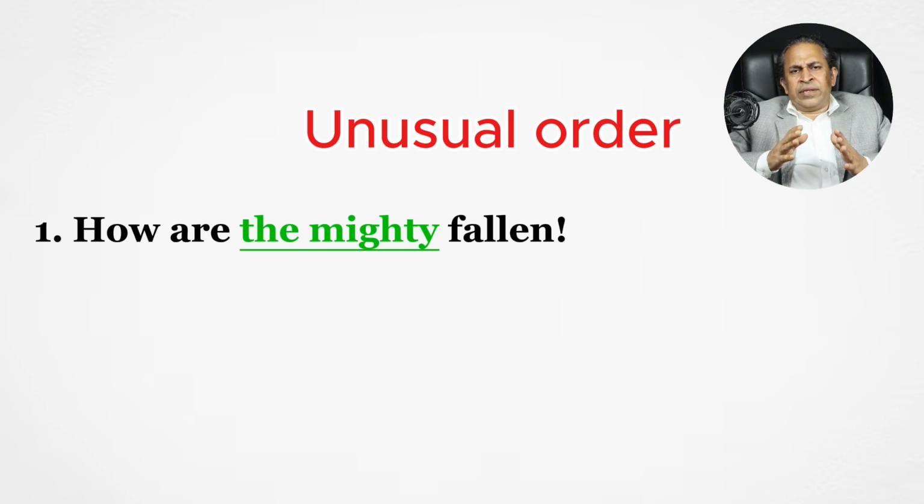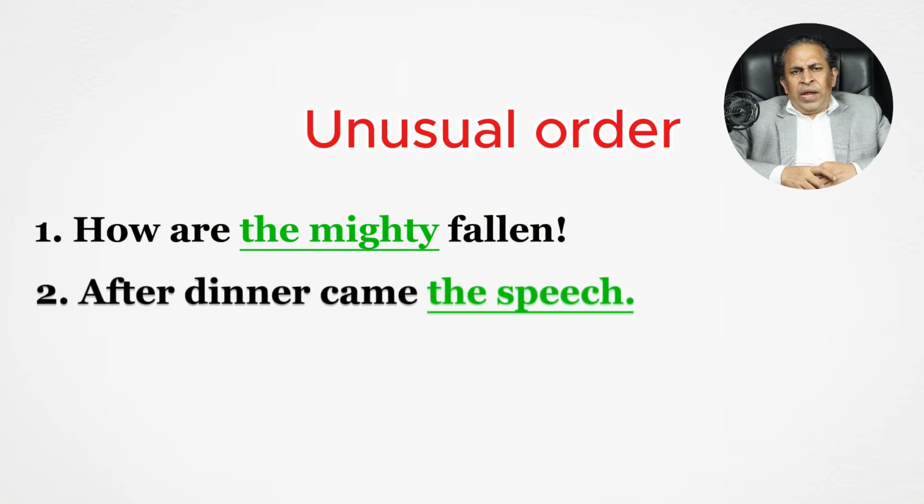The mighty, that is the subject. It has come in the middle of the sentence, right? Now, in the second sentence, after dinner came the speech. Where is the subject? The subject is speech. Where has it come? It has come at the end of the sentence.